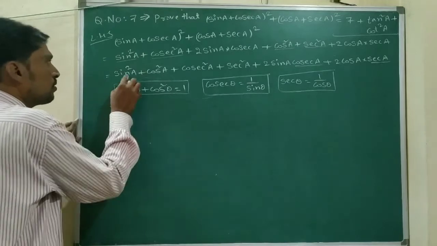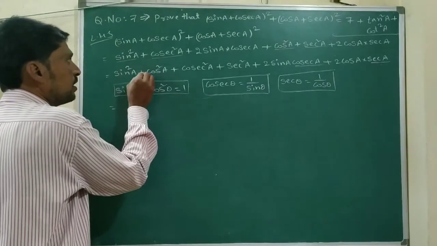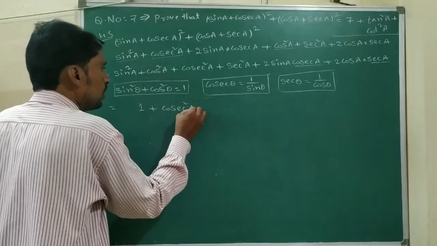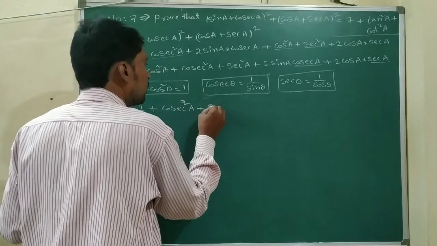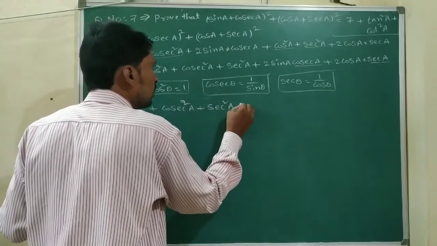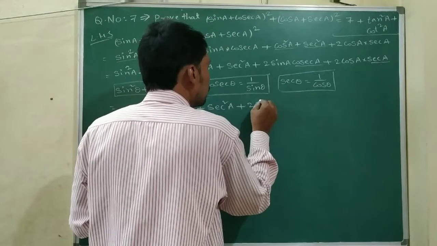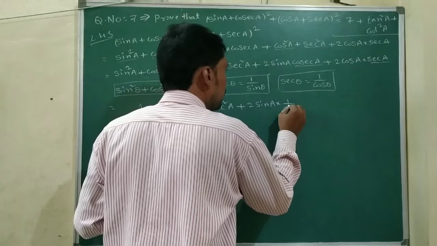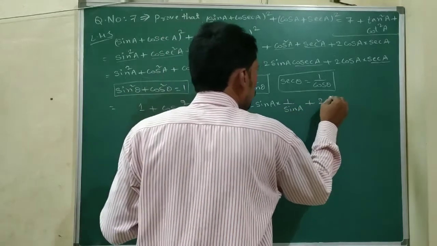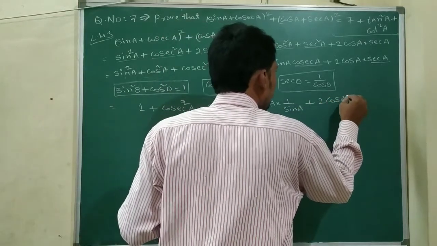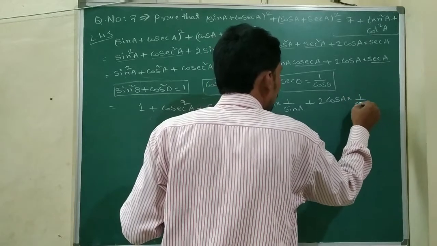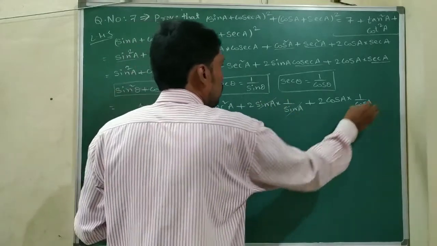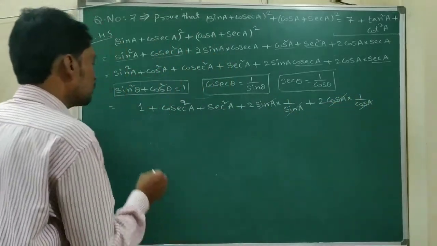Now that equation becomes sin square A plus cos square A, whose value is 1, plus cosec square A plus sec square A plus 2 into sin A into cosec, cosec means 1 by sin A, plus 2 into cos A into sec, sec means 1 by cos A. Here sin A and sin A, cos A and cos A get cancelled.